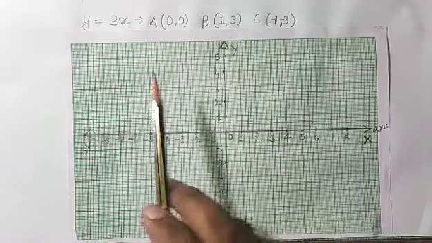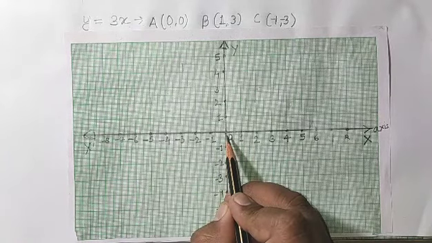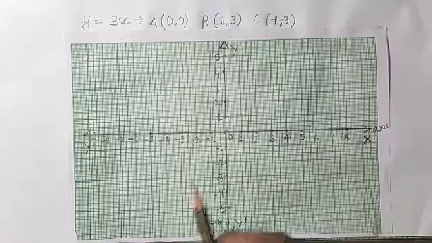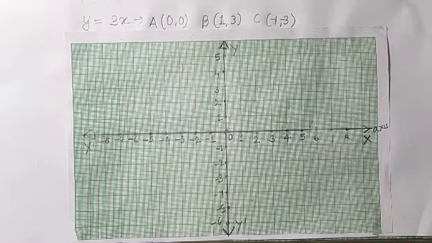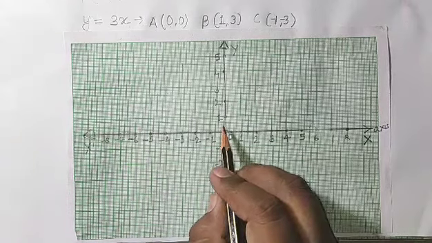The first one, A 0, 0. You know very well that this point is the origin, with coordinates x and y as 0, 0.